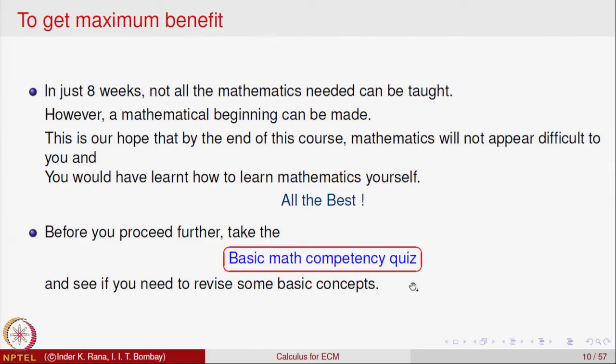This quiz is more about the financial mathematics that I had talked about, and if you find you are not very comfortable with some of the concepts in it, I strongly suggest that you revise them. So, this is about the general background of the course, what we are going to do and so on.